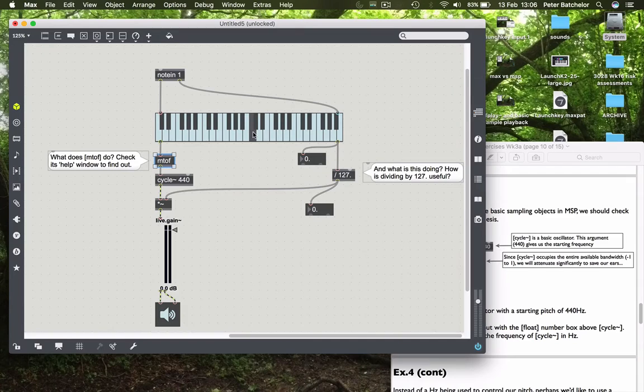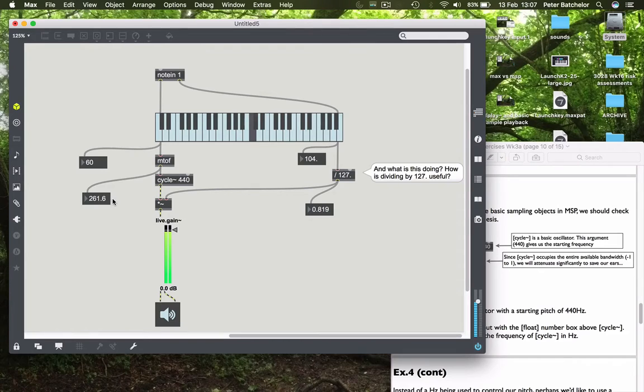So, press a key on the keyboard. The mtof object converts that from a MIDI note number, as we see up here, to a frequency, as you will see here. So 60 to 261.62558 for the note middle C. An octave below that we get the note number of 48, but the frequency of 130.81279, which is half of 261.62558, and so half the frequency gives you an octave lower.